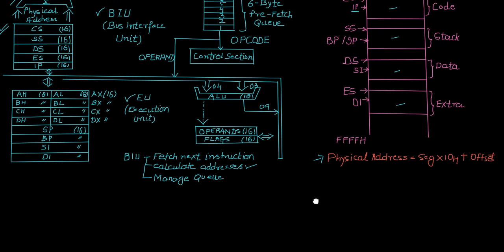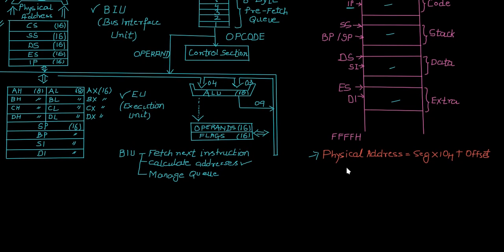In order to calculate a physical address, let's suppose the CS segment register has data, let's say 1000H, and we have already discussed this hexadecimal format in the previous video. We know that this is a 16-bit address.